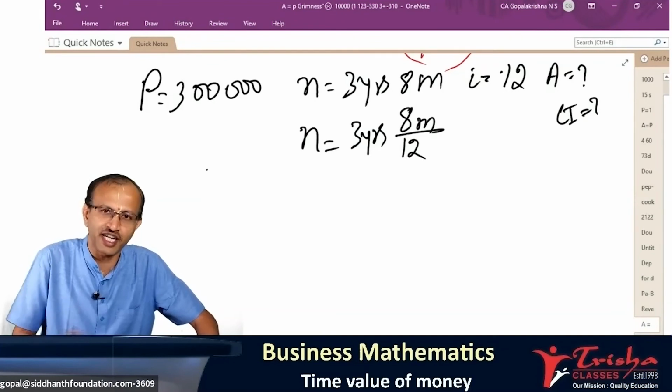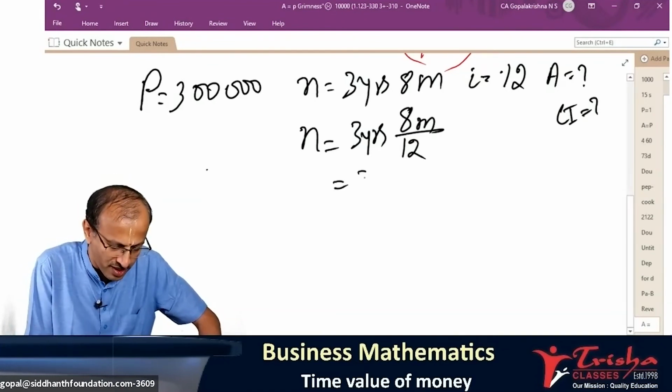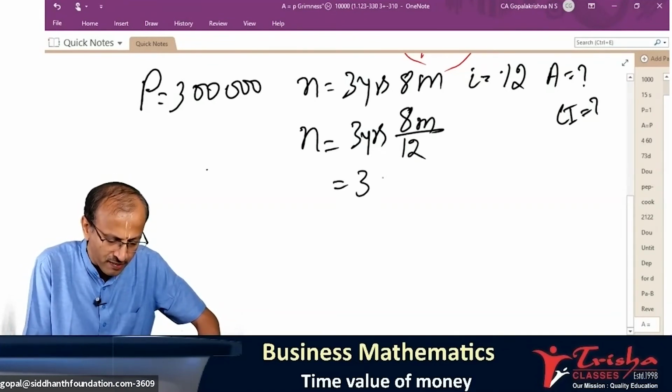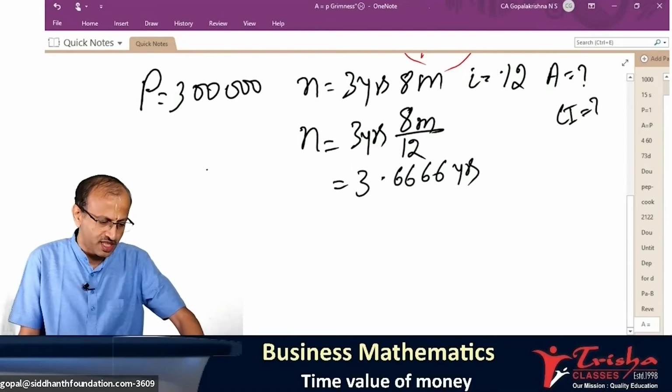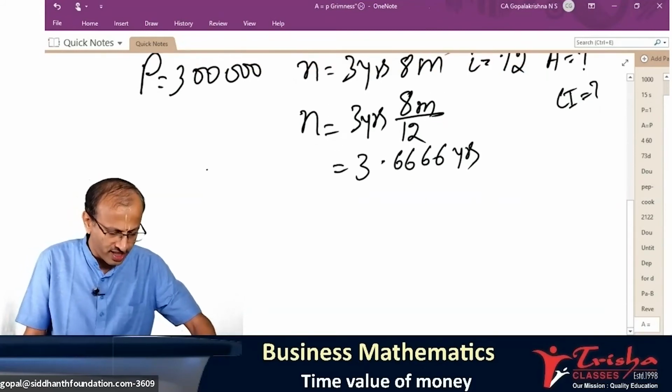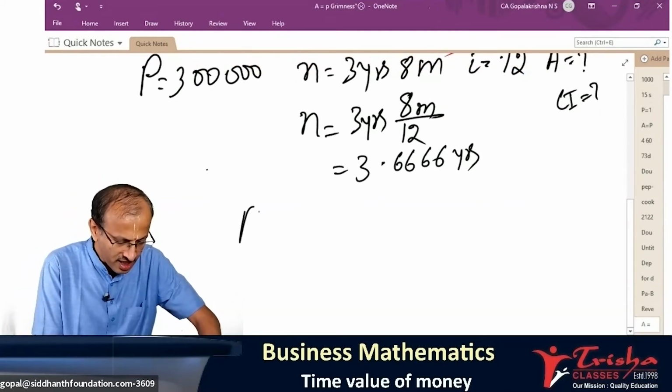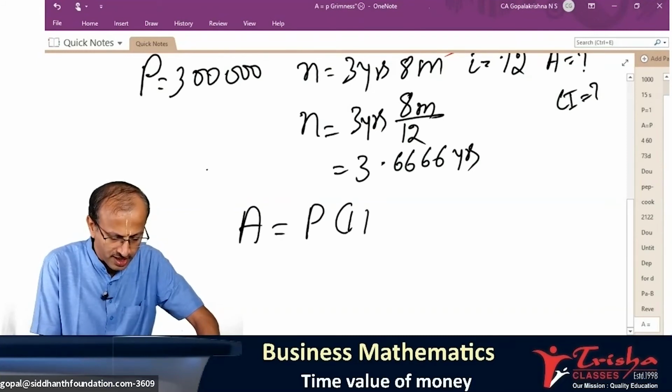N should be converted into years. So our working will be 3 plus 8 divided by 12, 0.6666 years. Okay. Now the solution. Look here. A is equal to P into 1 plus I to the power N.